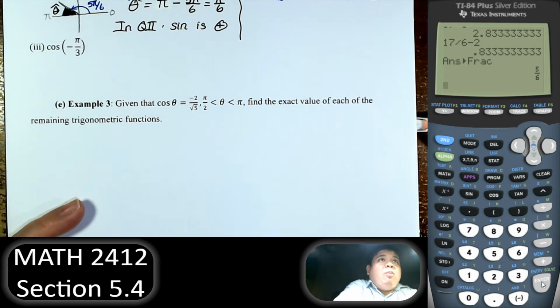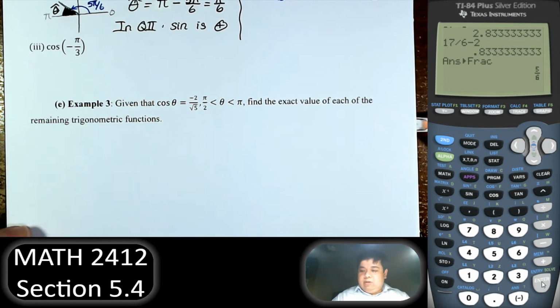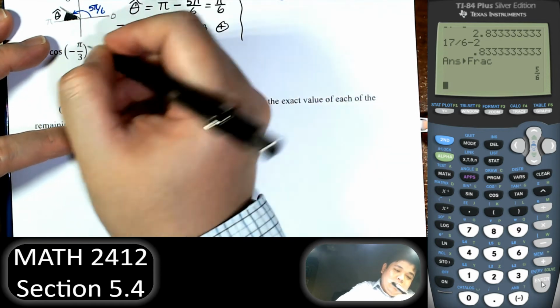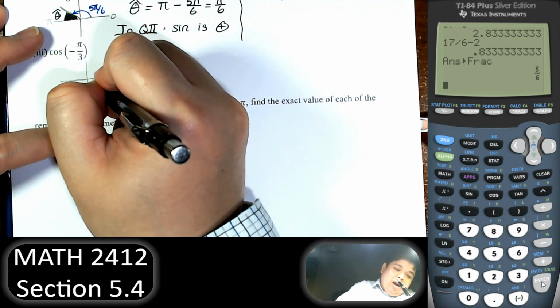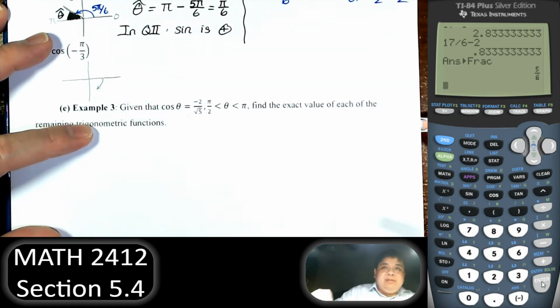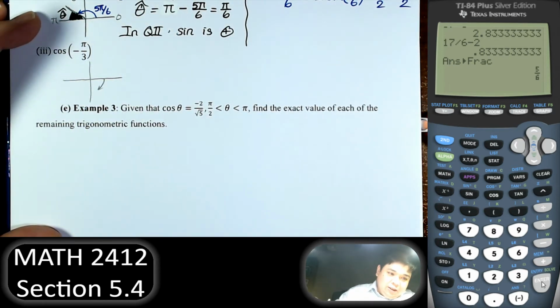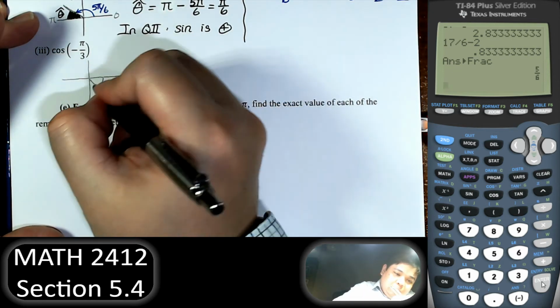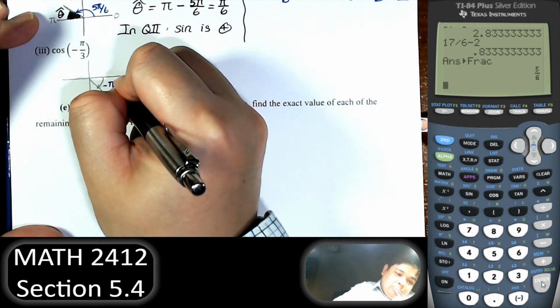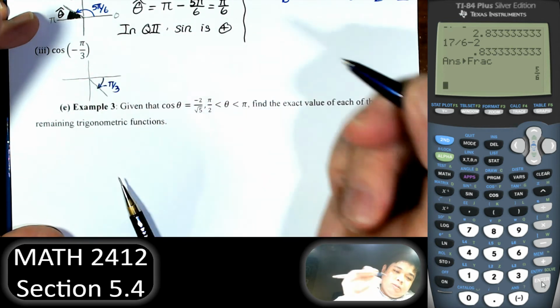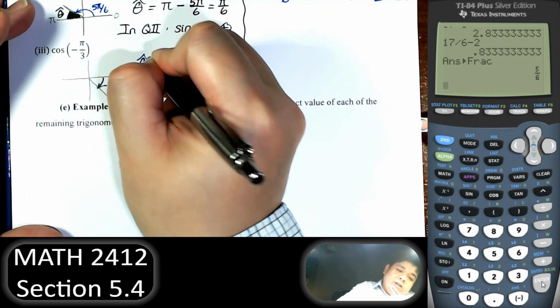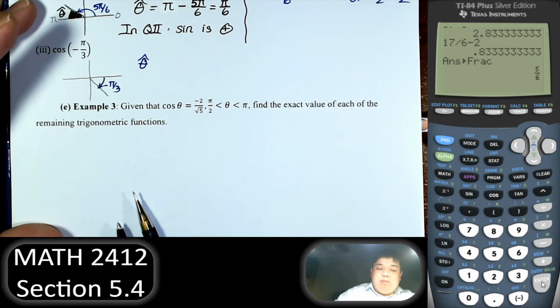Now cosine of negative pi over 3. Now this should be simple. Negative pi over 3. So the reference angle is easy, pi over 3, right?